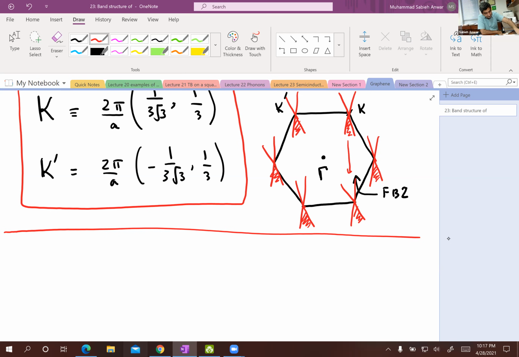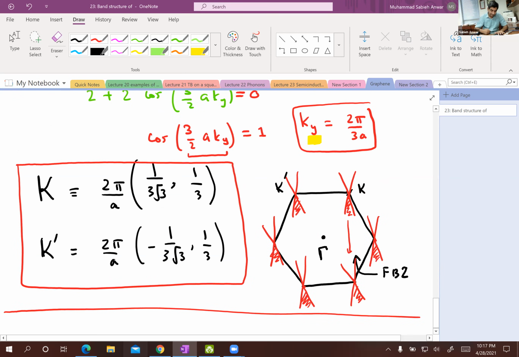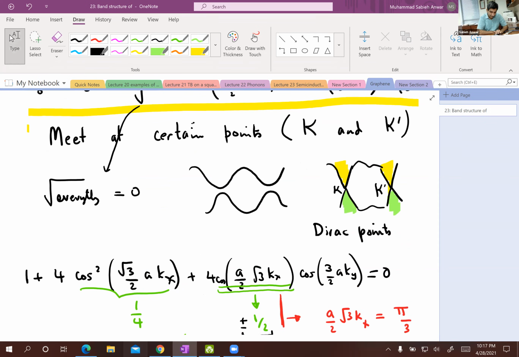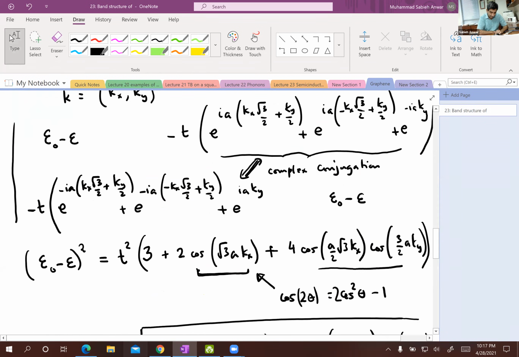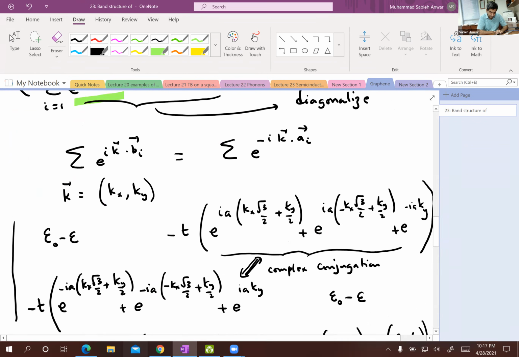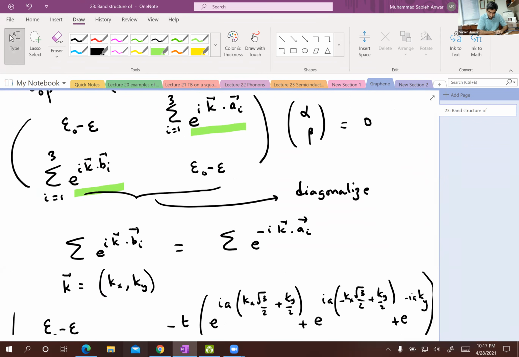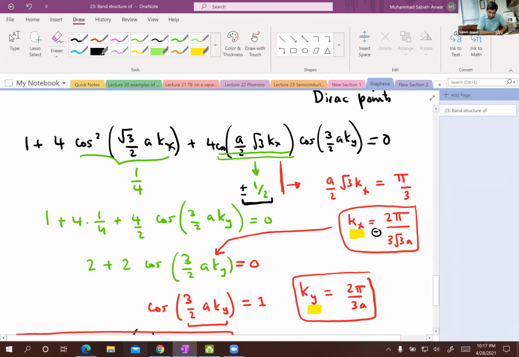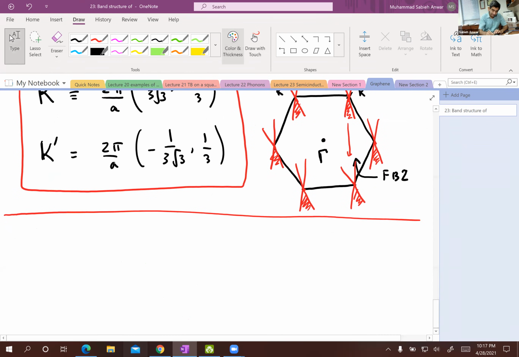Well, if I look at this Hamiltonian here, so from this equation I would like to write down a Hamiltonian. That Hamiltonian is the following. Some E naught, which are on-site energies, and it's going to be the same for the two kinds of atoms, and a minus T and some delta here, and a minus T and some delta star here.